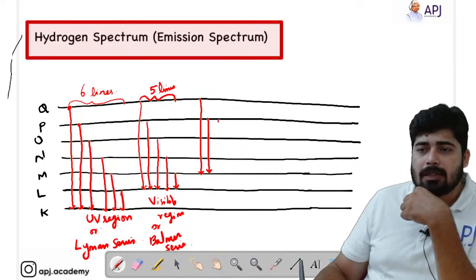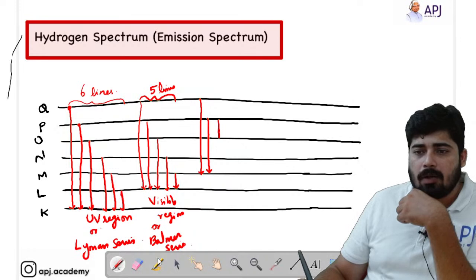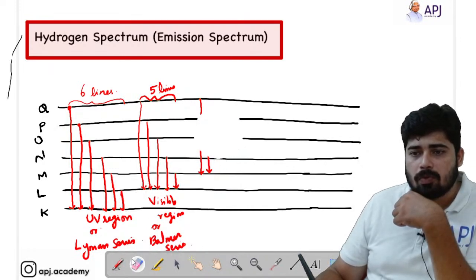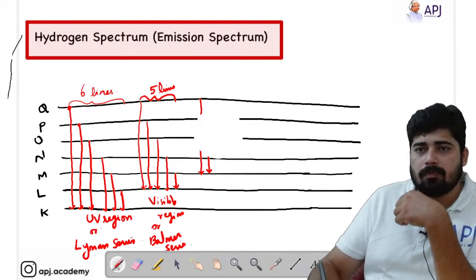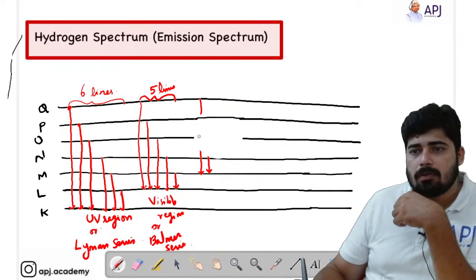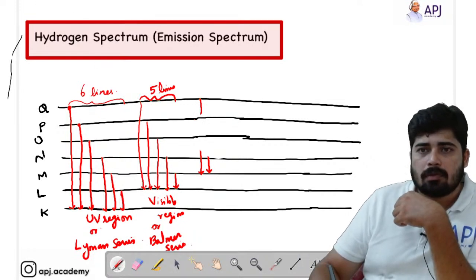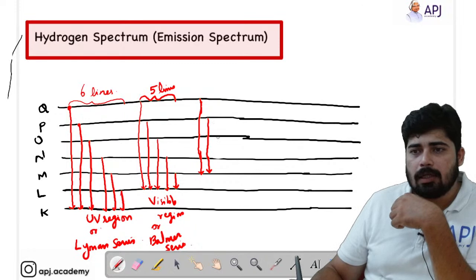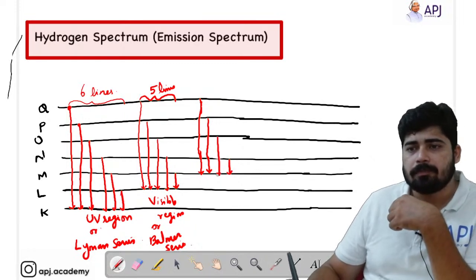7 to 3, 6 to 3, now we have 5 to 3, and the last one is 4 to 3.